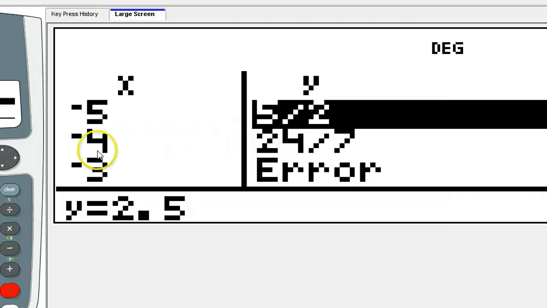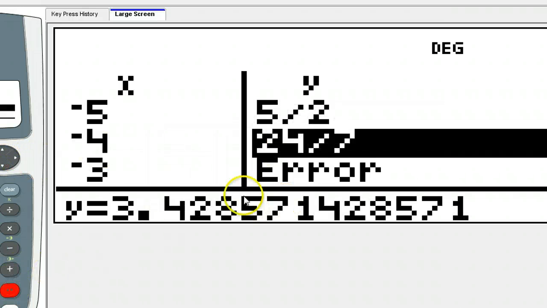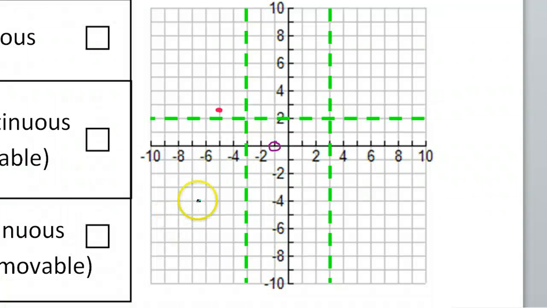At negative 4, we've got 3.4. So 3.4 would be right here. I'll come back and look at the decimals afterwards.